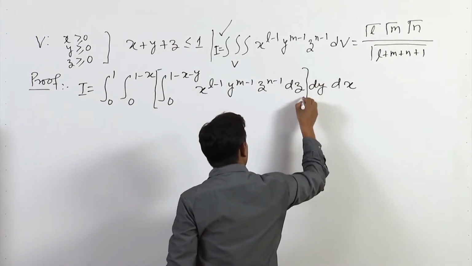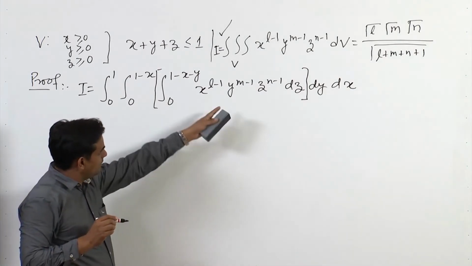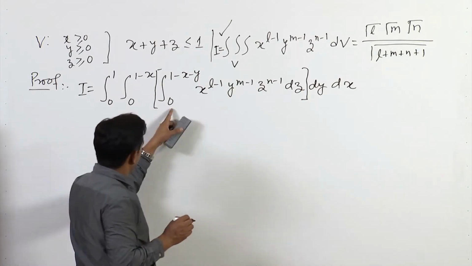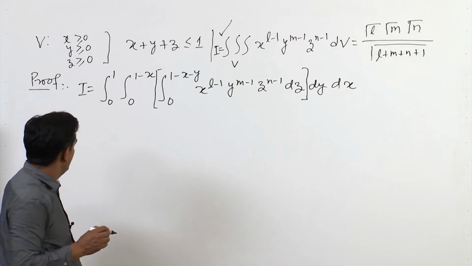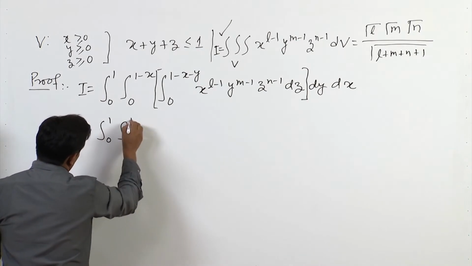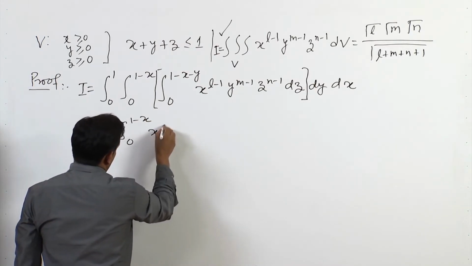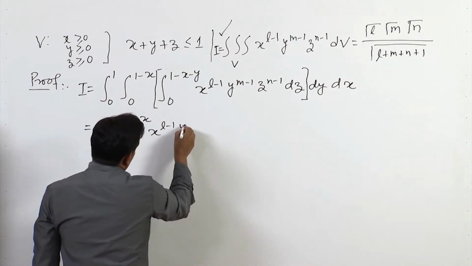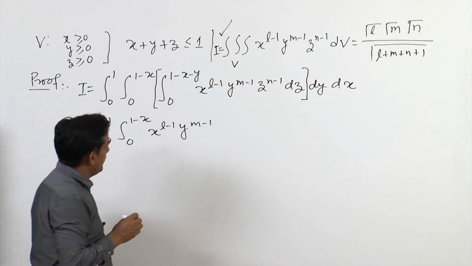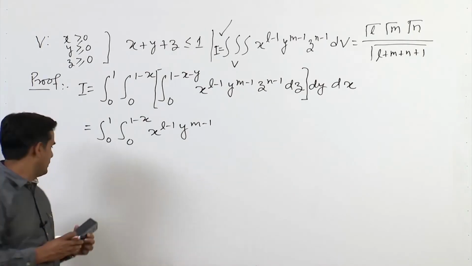Let us do the integral in the square bracket first, that is the integral over z, with limits from 0 to 1 minus x minus y. So I can write 0 to 1, 0 to 1 minus x, with x^(l-1) y^(m-1), and when you integrate it, it becomes z^n upon n.